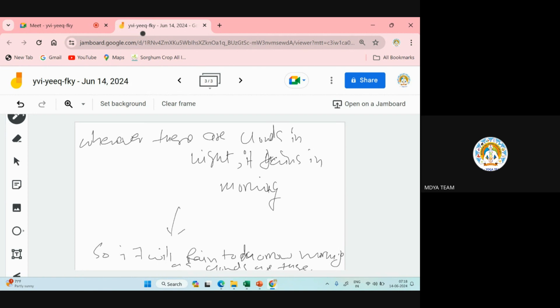So just take a scenario of a night. You are giving an argument something like, whenever there are clouds in the night, it rains in the morning. So it will rain tomorrow morning, as clouds are there in the night. So this is also a kind of deductive argument, because first you are putting a general statement, a fact. Now, I'm not talking about whether this fact is correct or not.